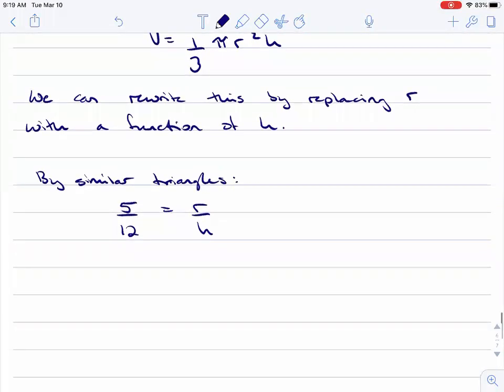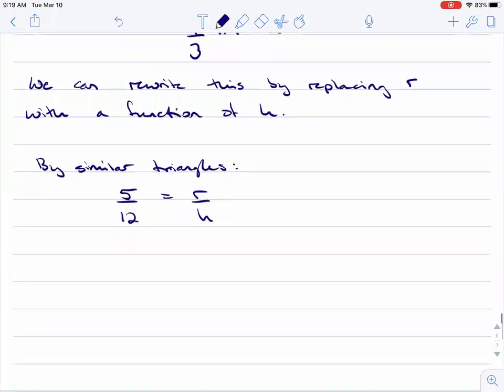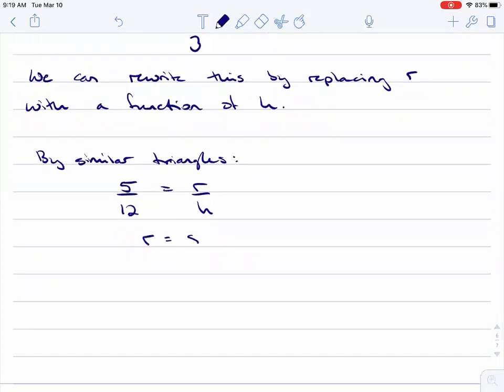I can cross multiply or even just solve for r. So r is going to be 5h over 12.